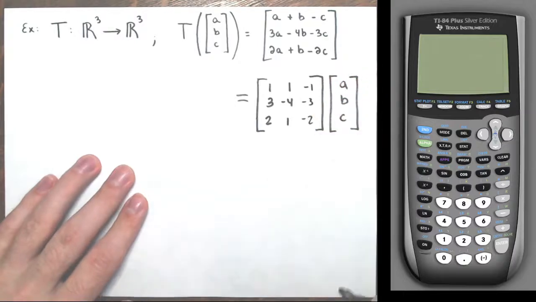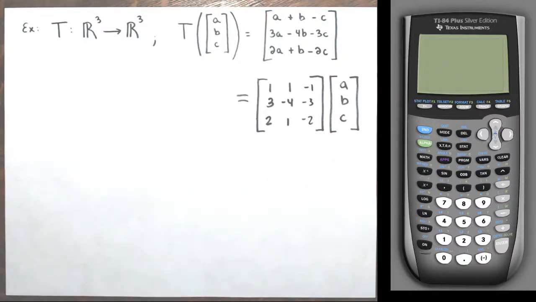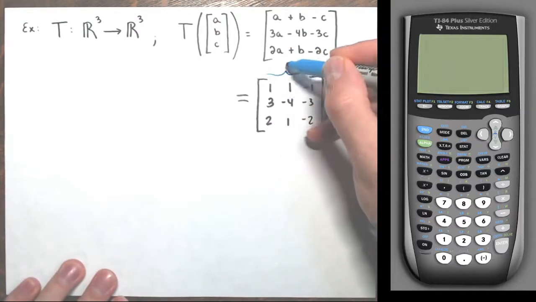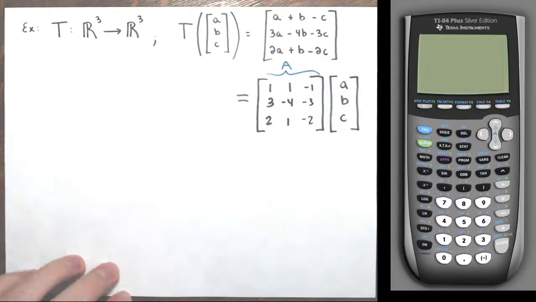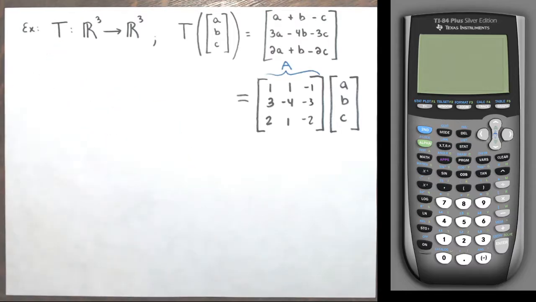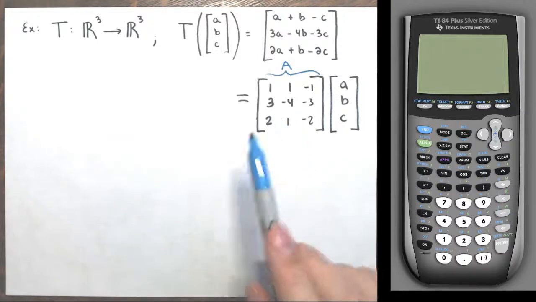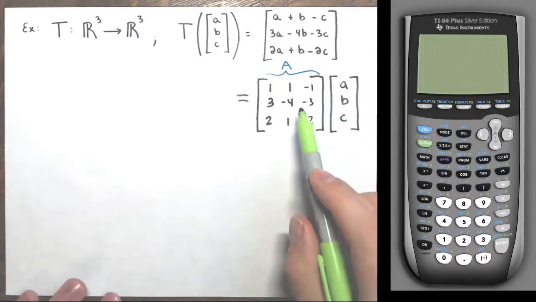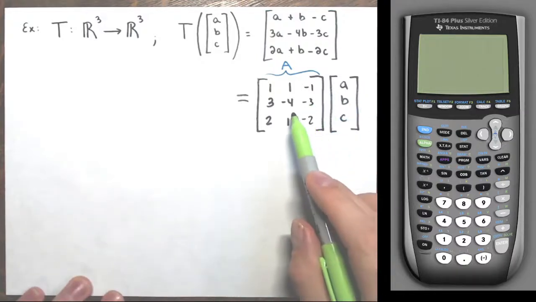All right, so my standard matrix is this 3 by 3. Again, I'll call this A. And the big question is, if I want to show that T is an invertible linear transformation, I need to show that A is an invertible matrix. So again, you could try finding the inverse or just find the determinant.